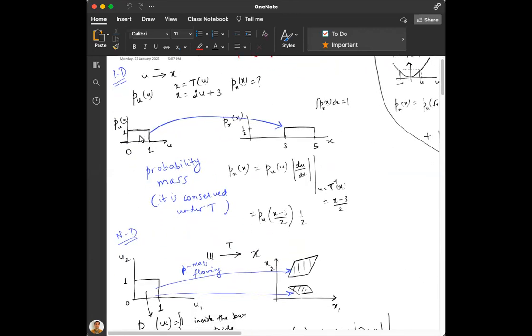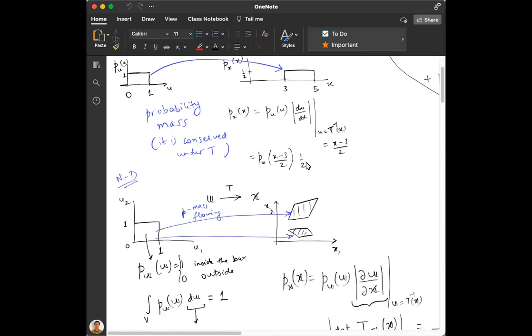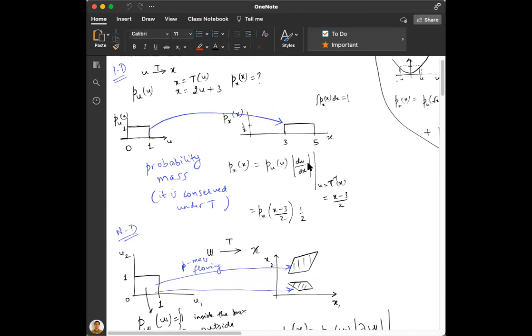By using this formula: the probability of the transformed variable x is equal to the probability of the original variable times, if you go to higher dimensions, the mod of the determinant of the Jacobian, or in one dimension, simply the mod of the slope, where u and x are related by this transformation t. And this is the simple formula.